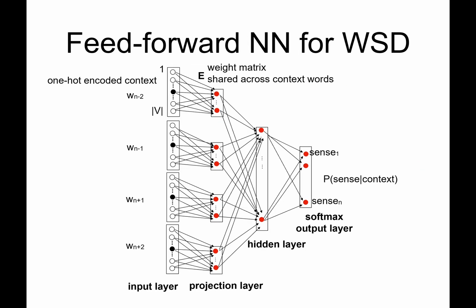All right. So if you want to use a feed-forward neural network, like the one we saw in lecture 11, you have your context words here: the 2 before, and then 2 words after. And then you're going to do a feed-forward. The set of your classes is going to be the set of the senses.